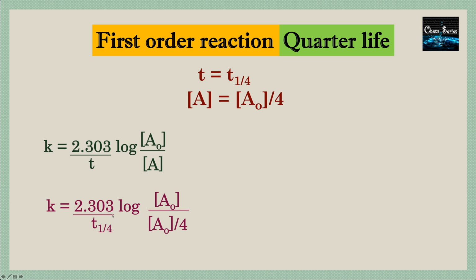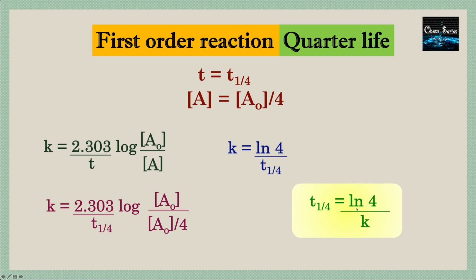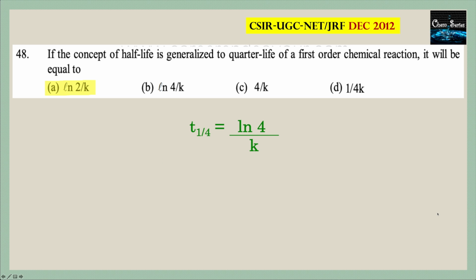So we get K is equal to 2.303 divided by T1 by 4 log A naught by A naught by 4. When you solve this, you get K is equal to ln 4 divided by T1 by 4. So your T1 by 4 will be equal to ln 4 by K. So you see, your correct option is option B.